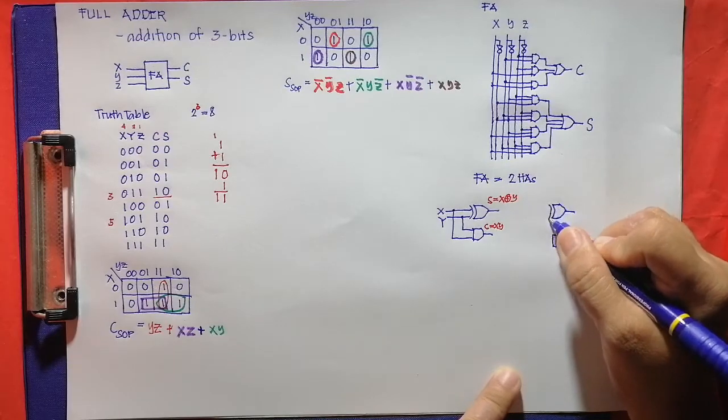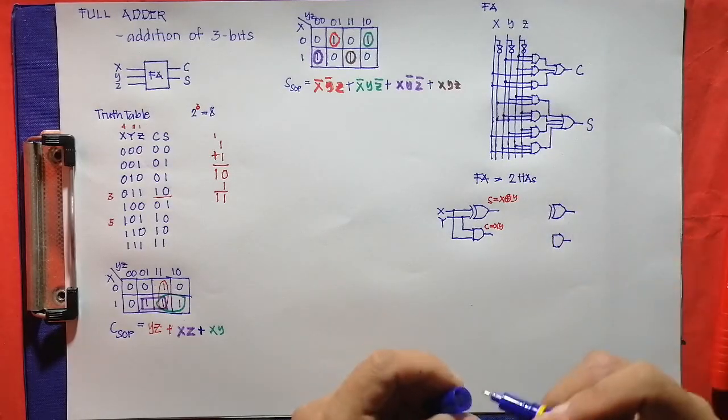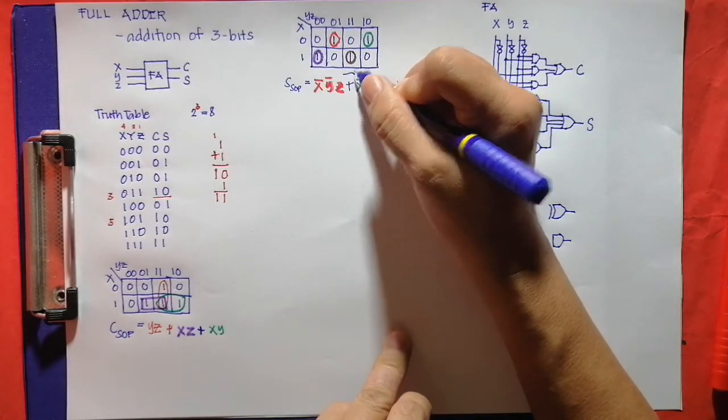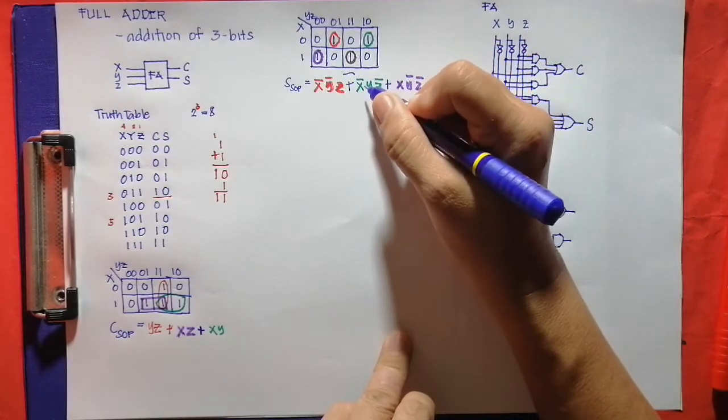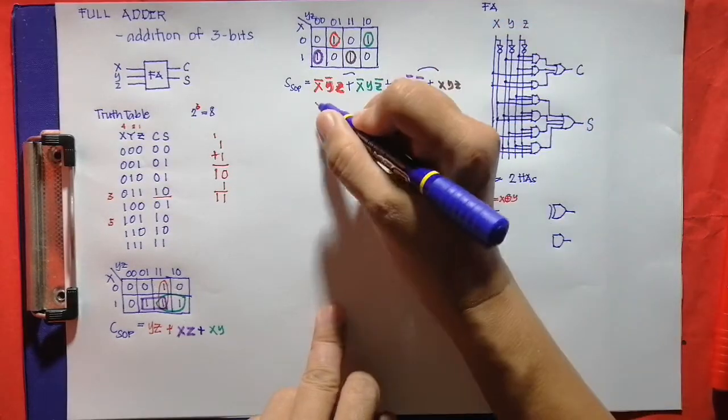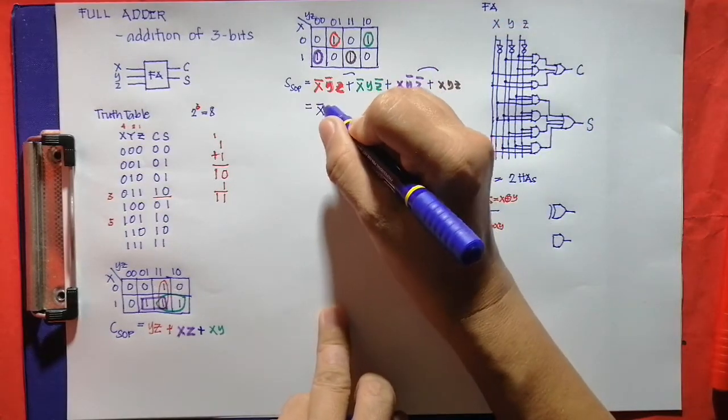So how are we going to do that? We apply the Boolean laws and theorems. So you would notice these two has a common factor which is not X. In here, the common factor is X. So let's factor out not X.